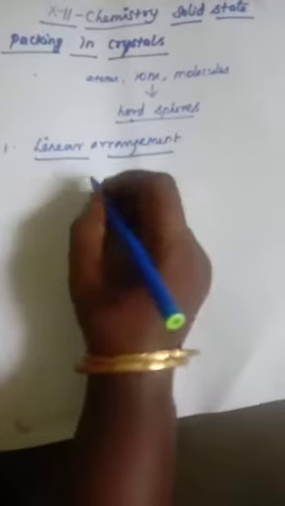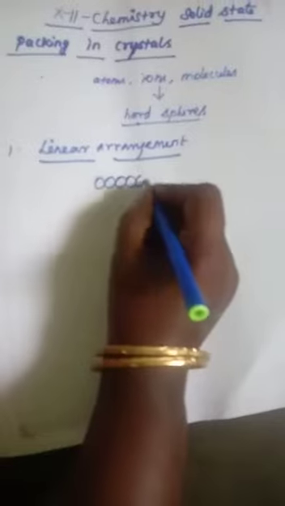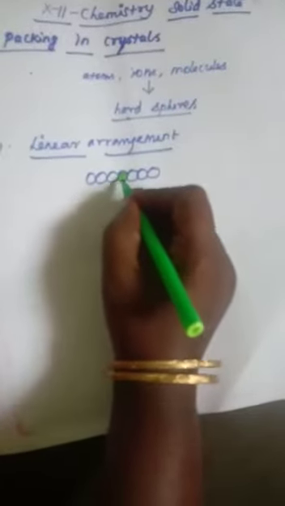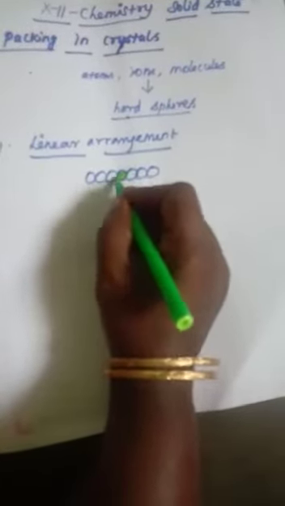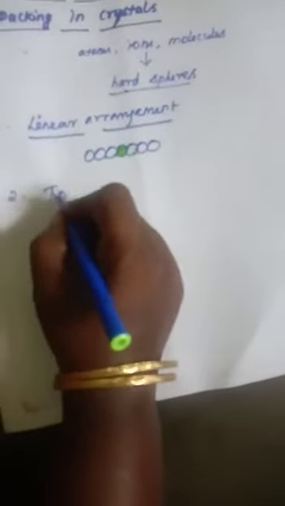So in this arrangement, the spheres are arranged in one direction so that each sphere is in contact with two neighboring spheres. For example, if I consider this sphere, it is in contact with two neighboring spheres. This arrangement is known as linear arrangement. And the second one is two-dimensional arrangement.